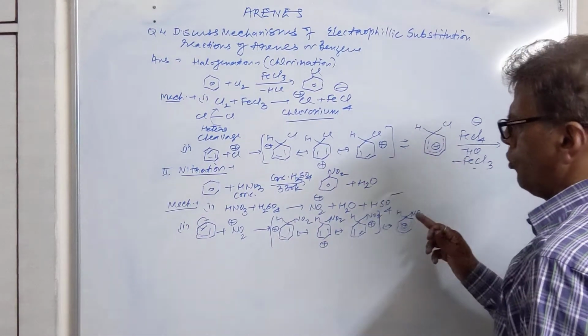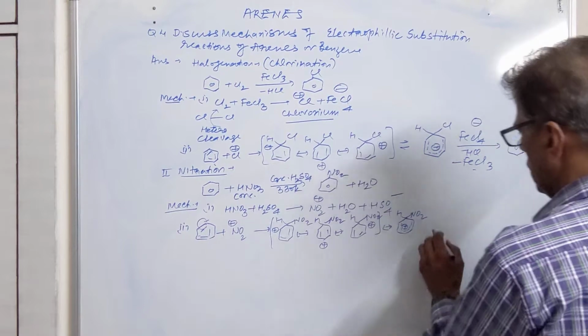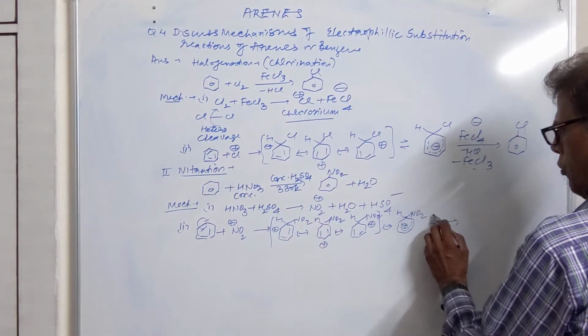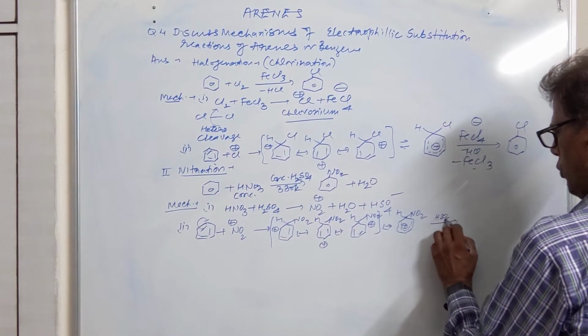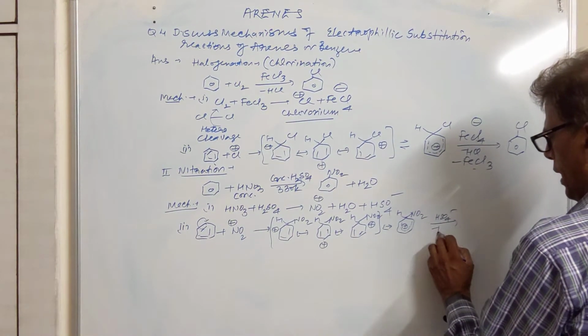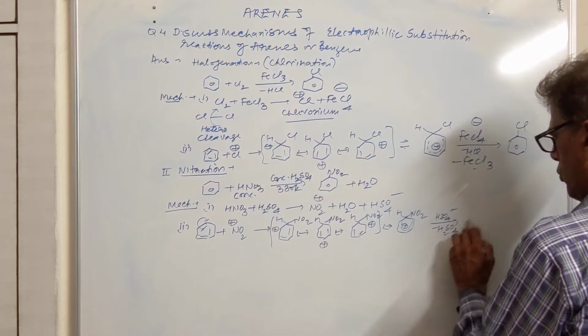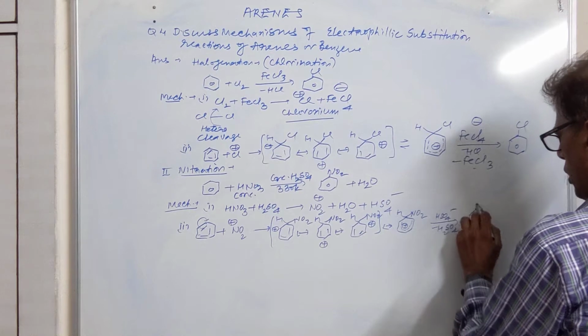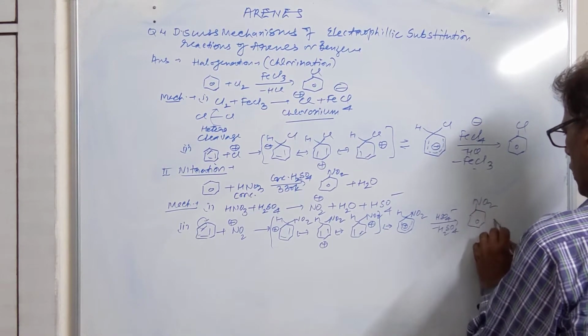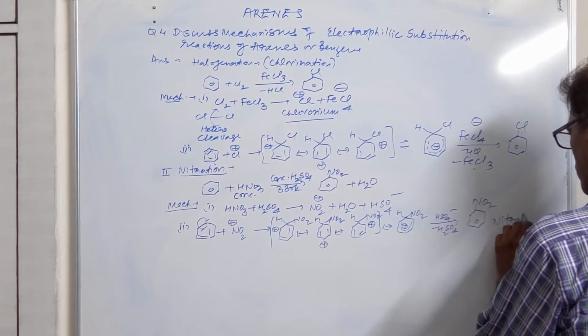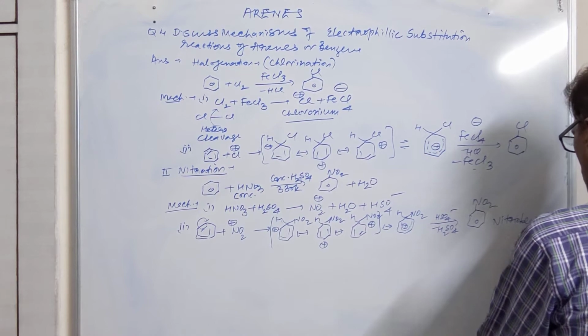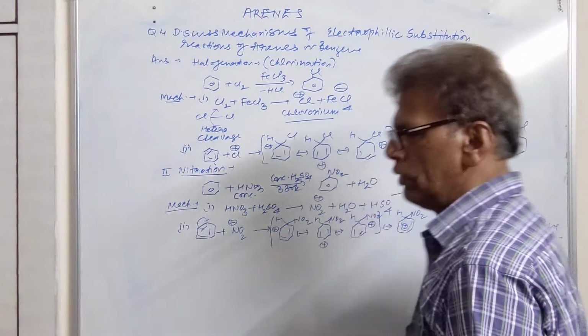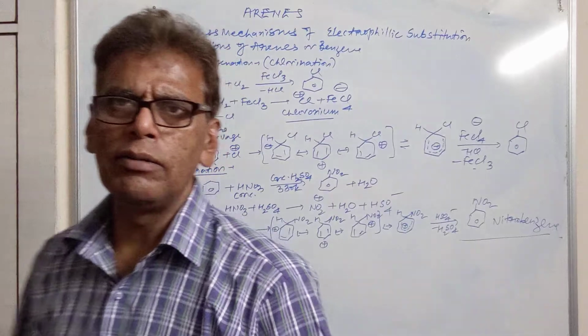Now it has to lose this H positive. This will be going with HSO4 negative. It will take that, H2SO4 will go out and we get the product nitrobenzene. So these are the two mechanisms up to now.